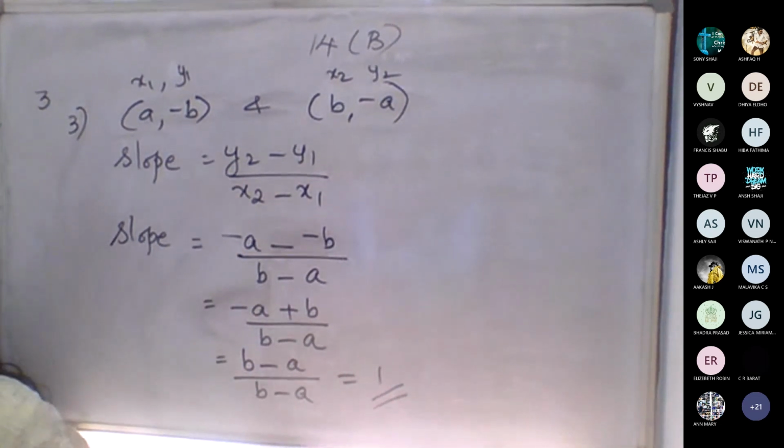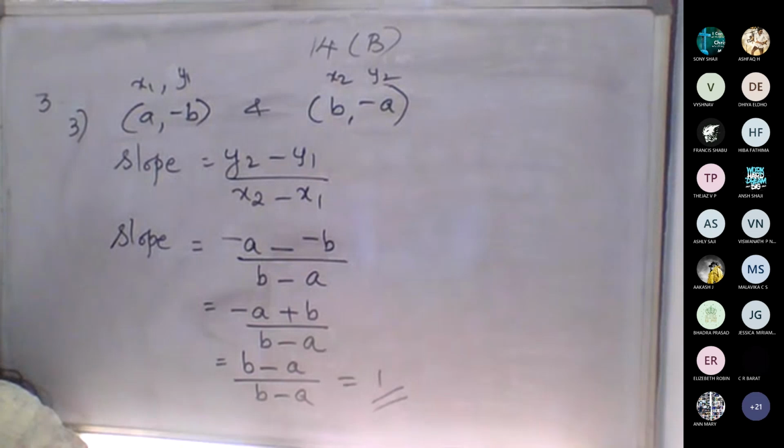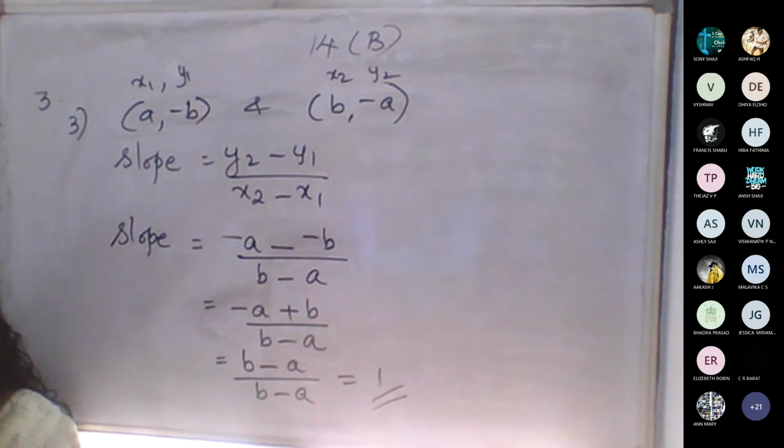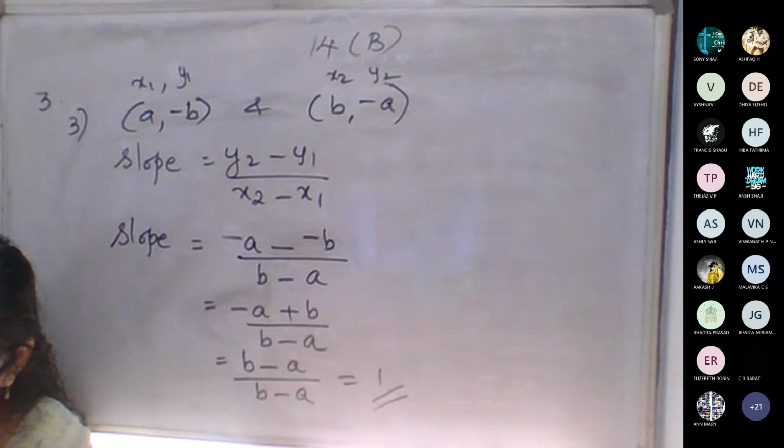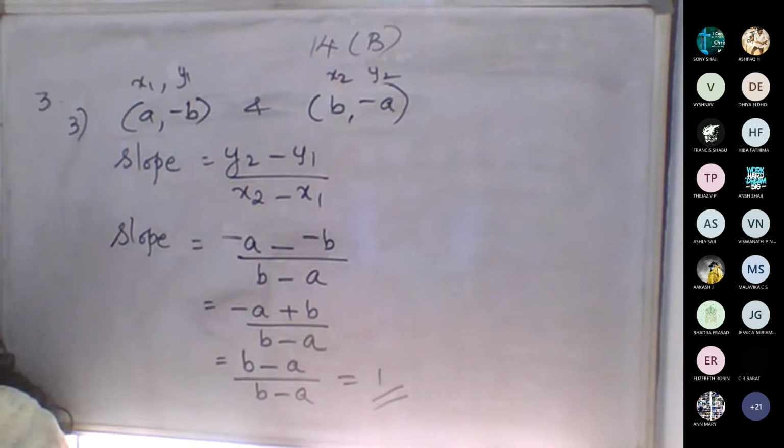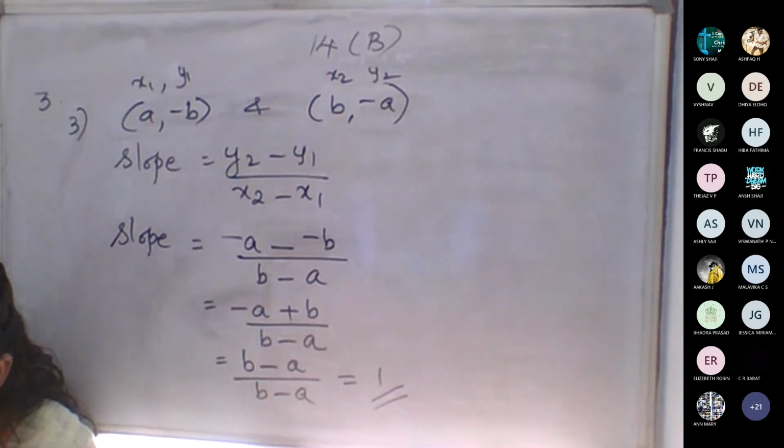Then fourth set. Find the slope of the line parallel to AB. If A is -2, 4 and B is 0, 6, what we have to find out? Find the slope of the line parallel to AB. First we will find the slope of AB.